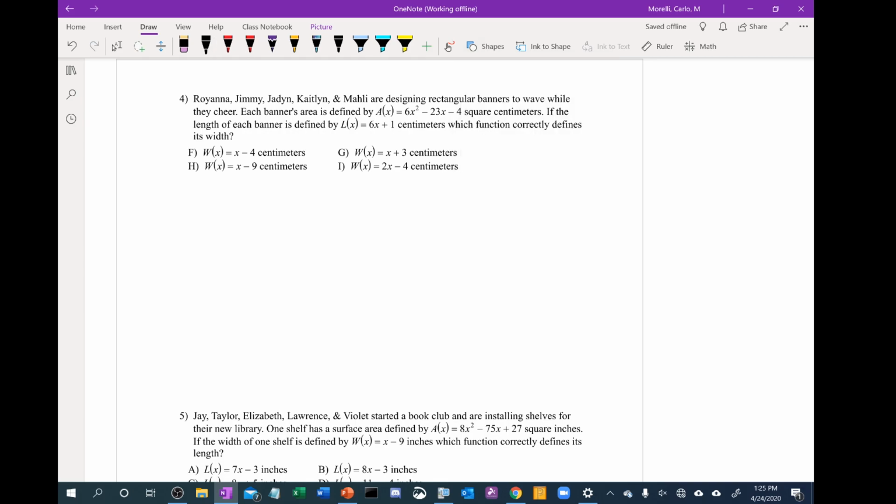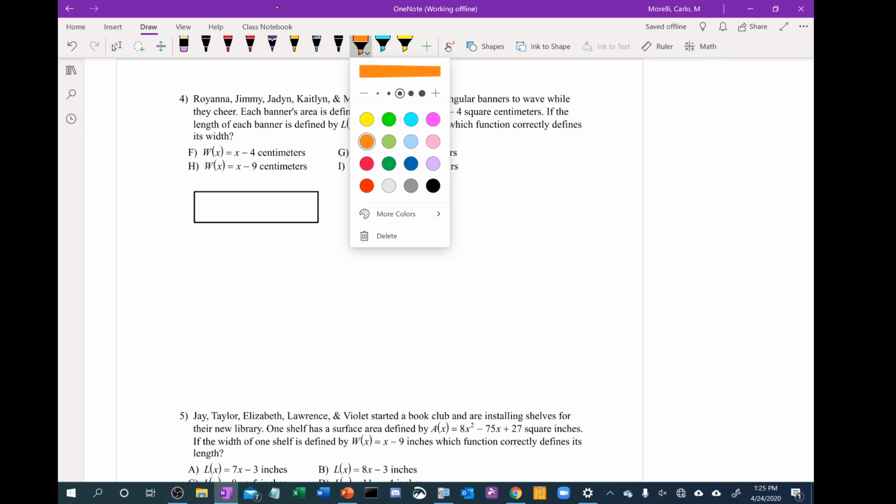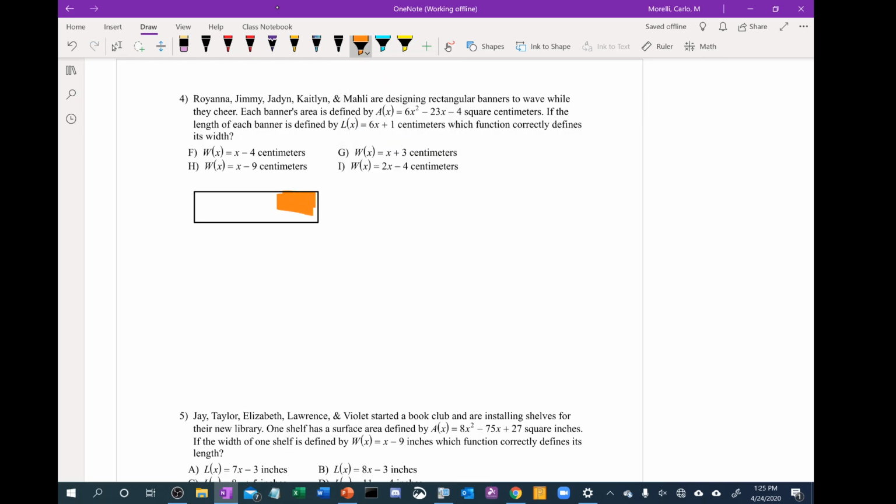We have yet another rectangular shape, something like this. This will be the banner that they're going to wave. And let's give cheer the panther orange. So here's the area that we are given.